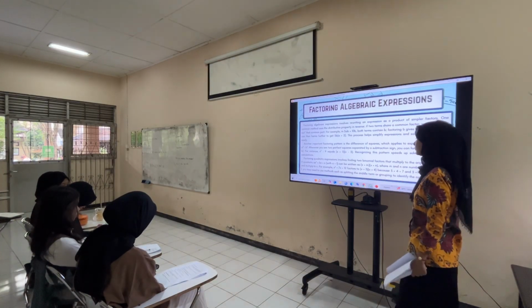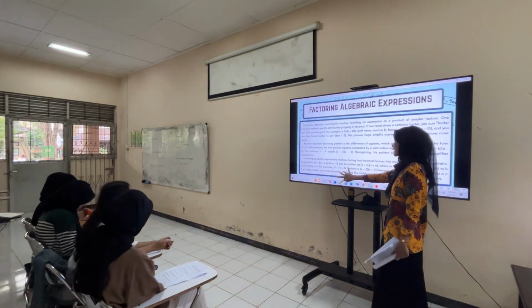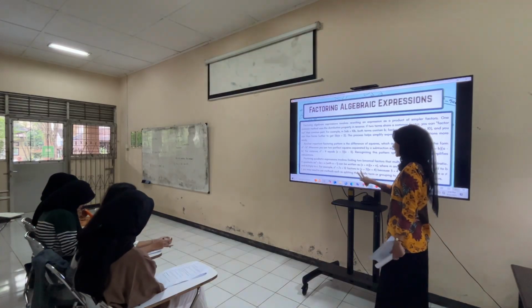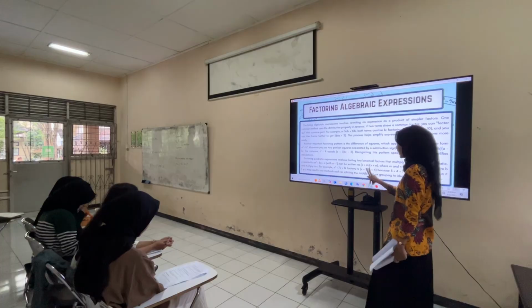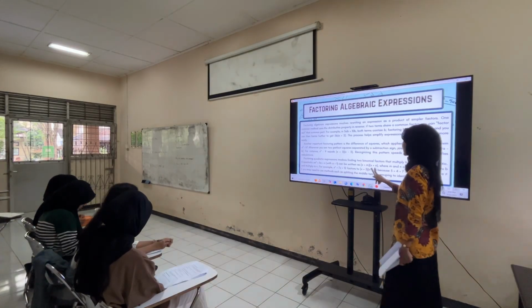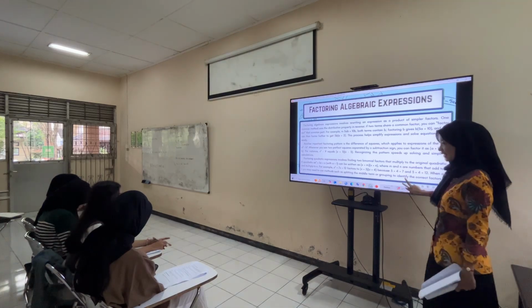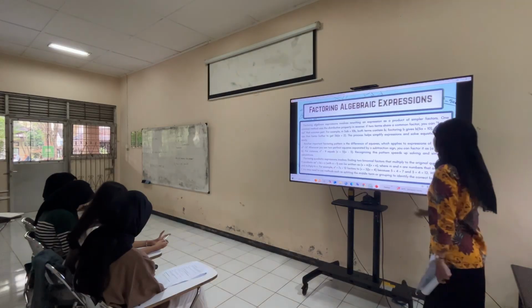For example, x squared plus 7x plus 12 factors to (x plus 3) and (x plus 4) because 3 plus 4 is 7 and 3 times 4 is 12.